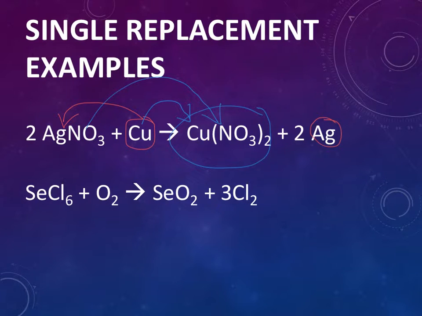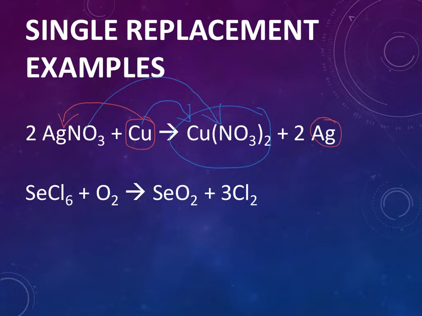Now we could do the same thing with a non-metal replacement. So let's look at our compound here. This is my free non-metal. Here's my ionic compound with the bonded non-metal. And what we're going to do is replace this into here.